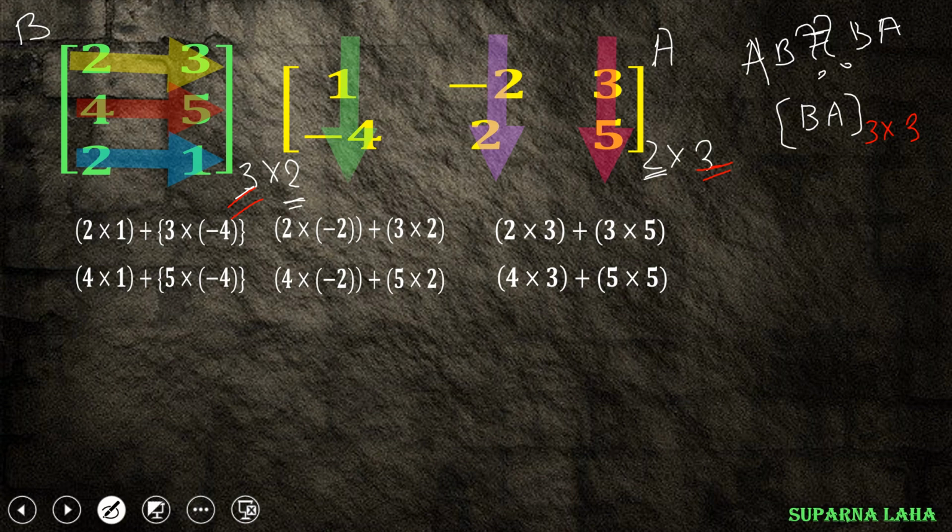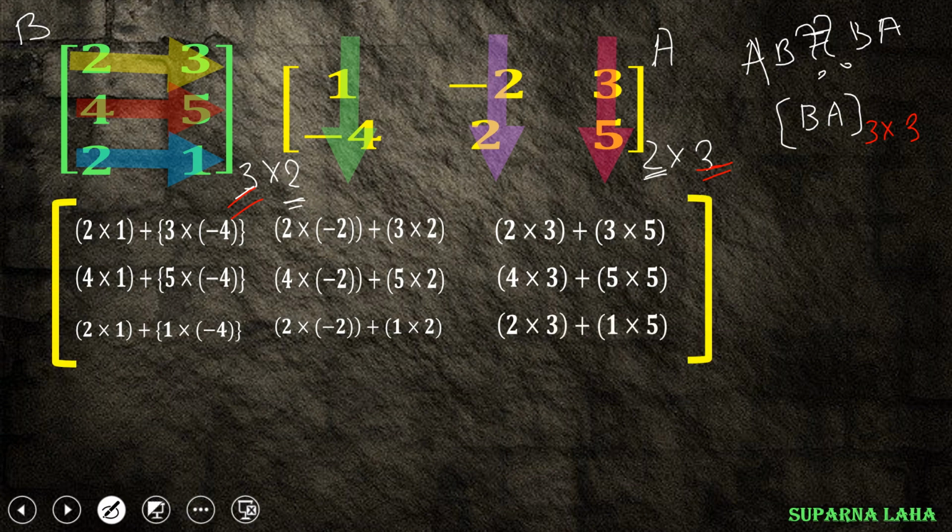Third row, first column: 2 into 1 plus 1 into minus 4. Third row, second column: 2 into minus 2 plus 1 into 2. Third row, third column: 2 into 3 plus 1 into 5. So this is your 3 cross 3 matrix after multiplication. That means this is B into A, which is a 3 cross 3 matrix.